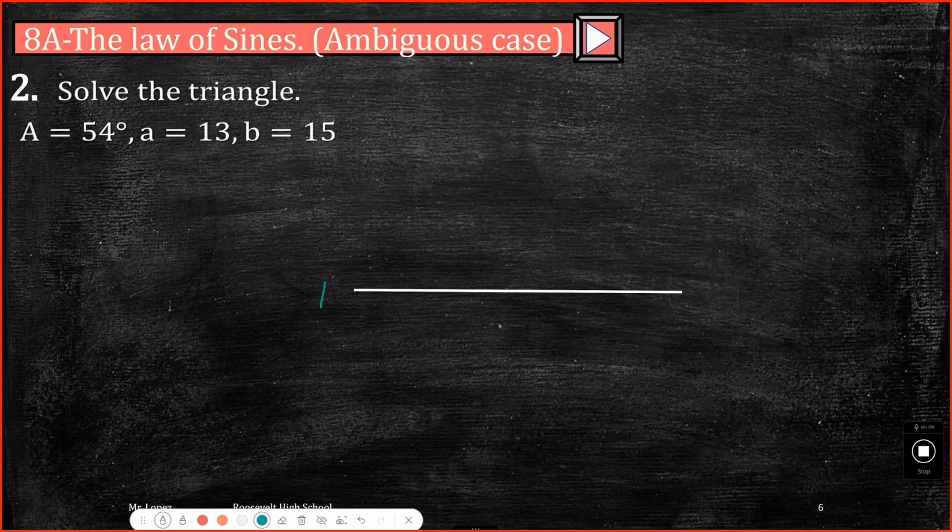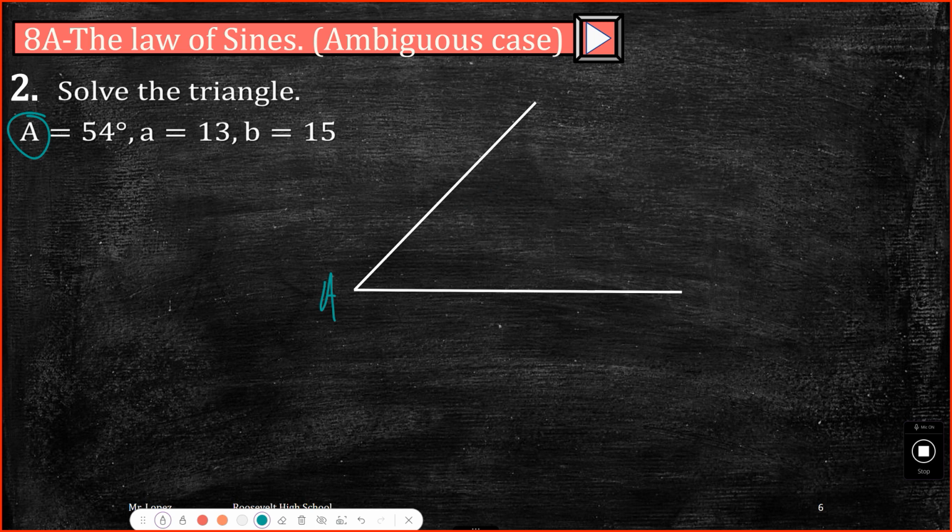This is capital A, 54 degrees, so it's an acute triangle. Draw it as best you can.